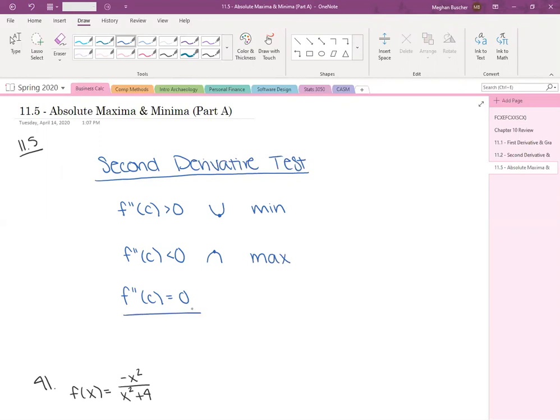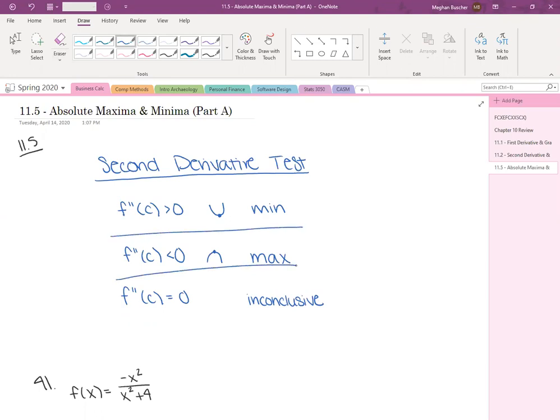But in this case, we can already see that we can't gather anything about concavity. All we know when the second derivative is equal to 0 at a value is that it could be a possible inflection point, but we don't know anything about concave up or down. So what we say there is it's inconclusive. We don't know what's going on there.